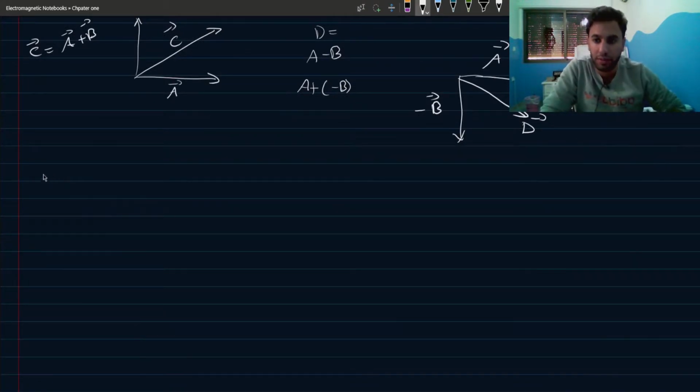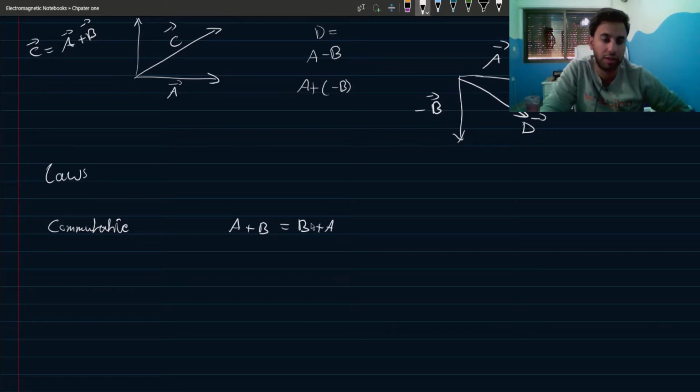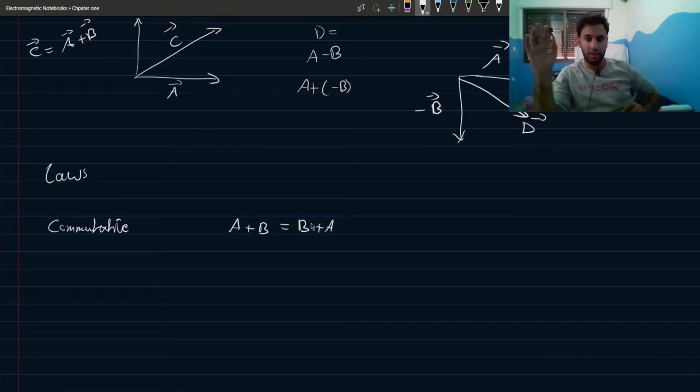We do have some laws for addition. The first thing is that it is commutative. So A plus B is equal to B plus A in vector addition, because in vector multiplication, that's not the case.